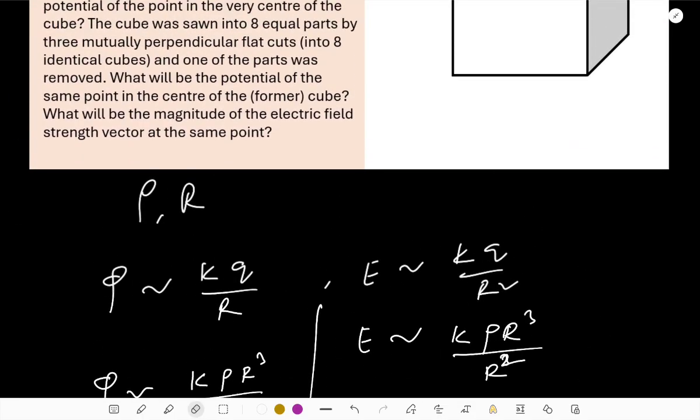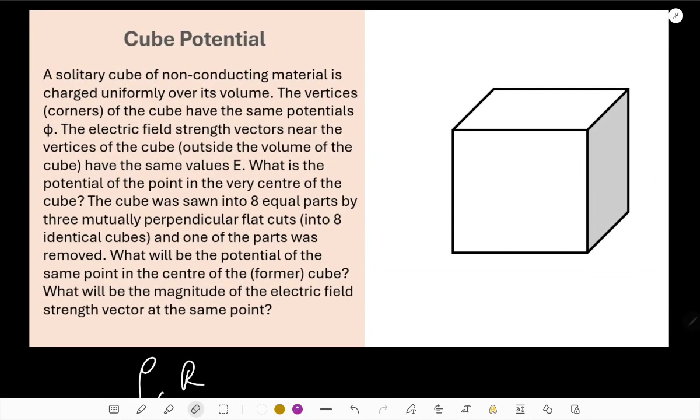This is difficult, man. I'm going to set up a coordinate system at any of the corners of the cube with its axes parallel to the edges, writing x, y, z axes.